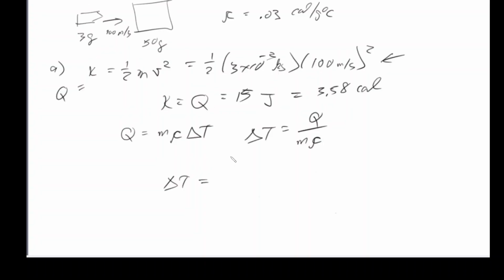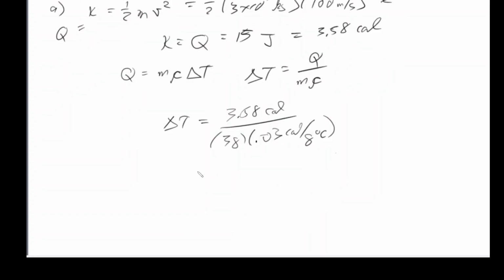So Q is equal to 3.58 calories over the mass, which is 3 grams, times specific heat, which is 0.03 calories per gram degree centigrade, which then becomes 39.8 degrees centigrade.